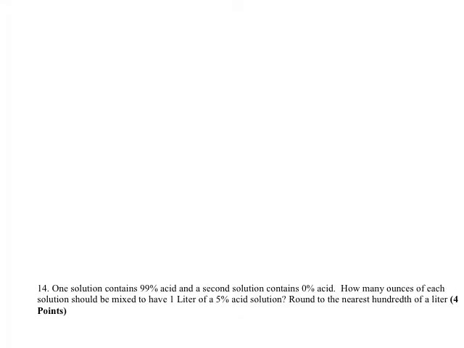Alright, so number 14, this is just another one like, I think it was number 11 above, where we have one solution that contains 99% acid and another with 0% acid. And what we want is 1 liter of 5% acid solution.